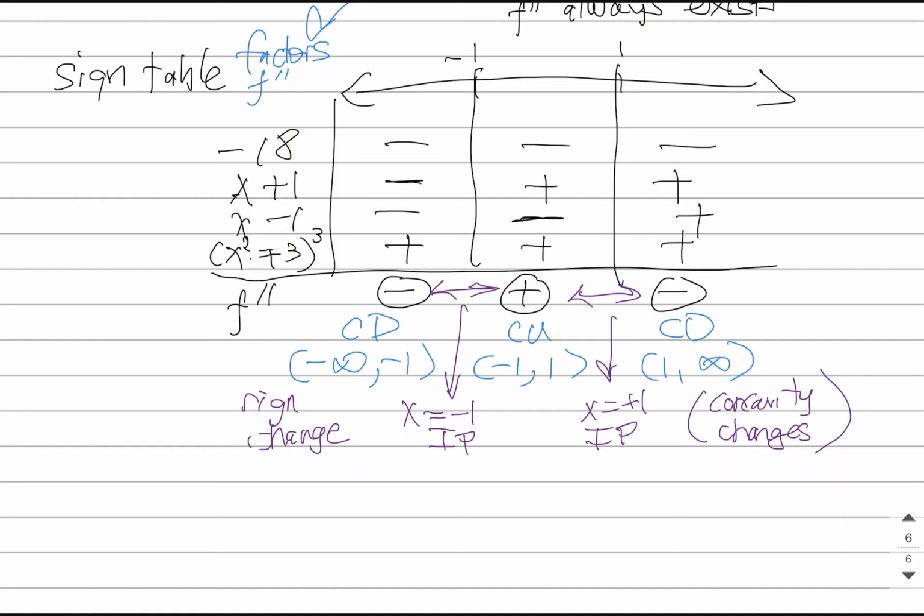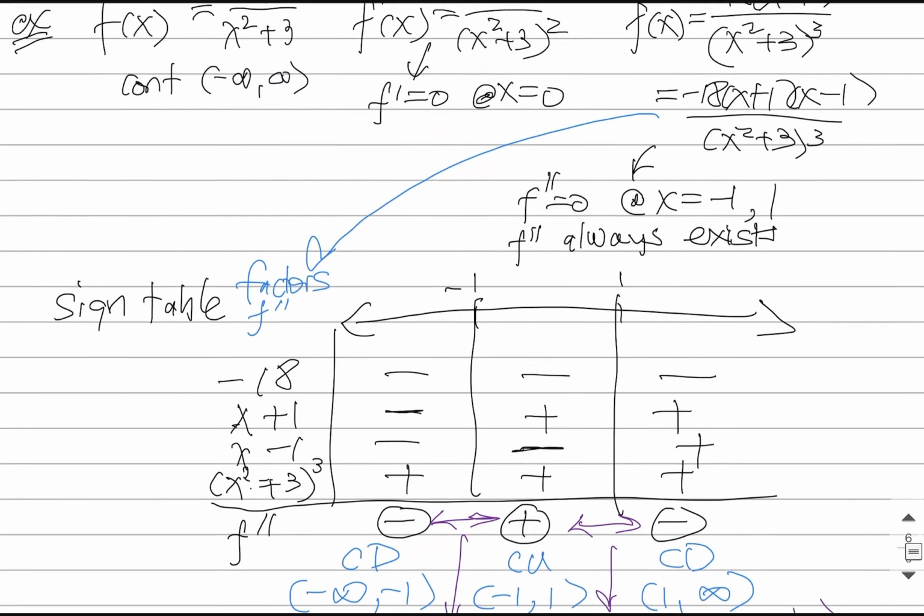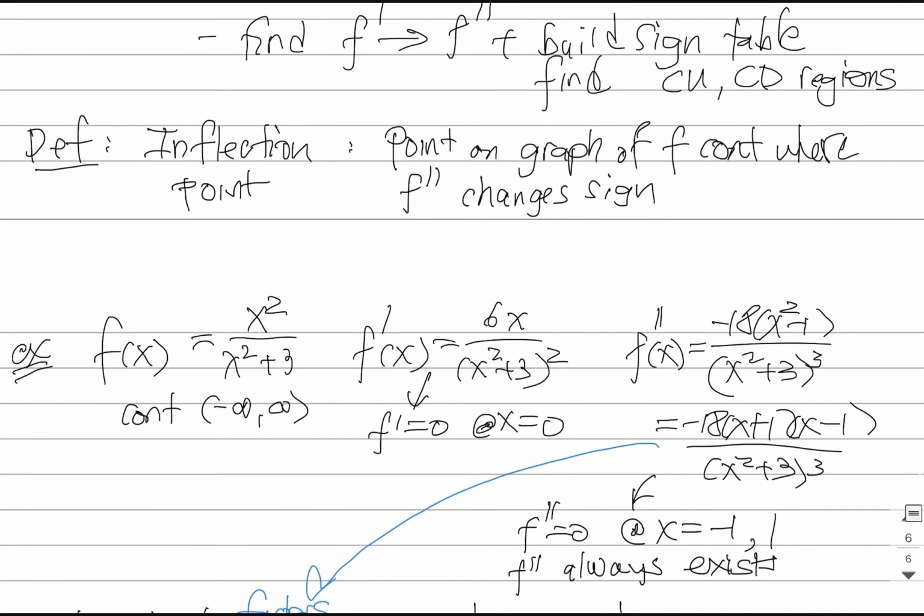Now, the one last thing, again, that I'll mention, an inflection point needs to have a continuous function. If you have functions where you are not continuous at that point, not an inflection point. So even if you have something like this, where you're concave up and concave down, and if you have a dot there, that doesn't count, because that point is not continuous.